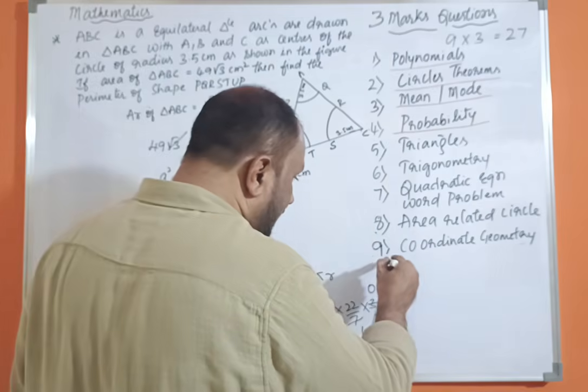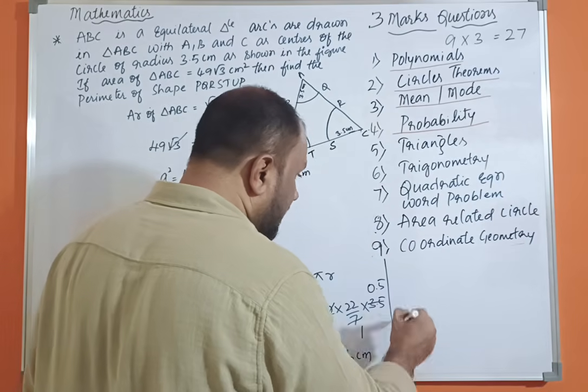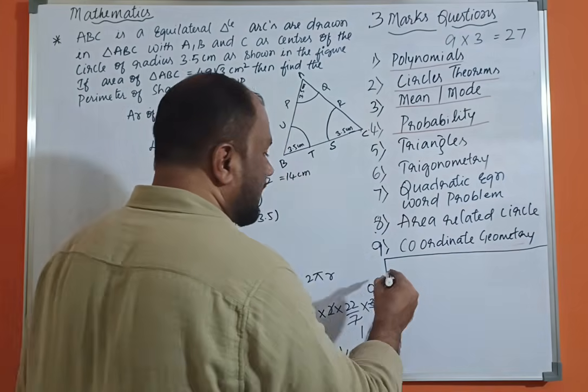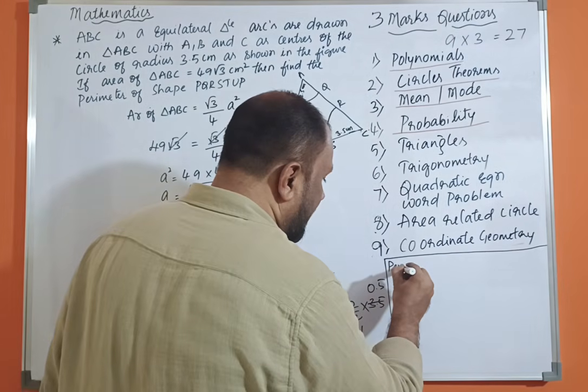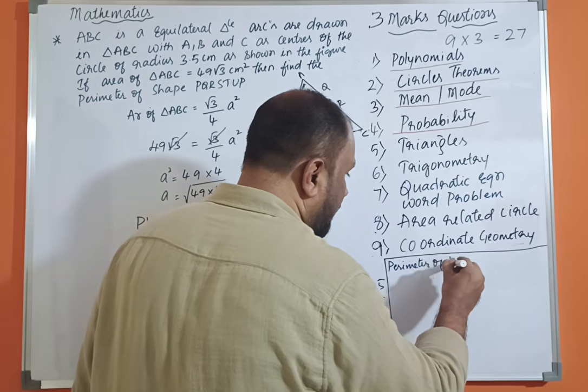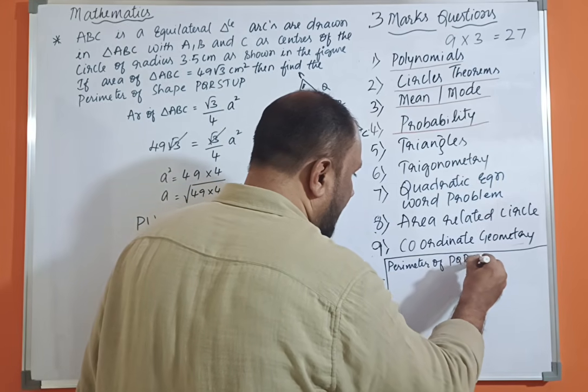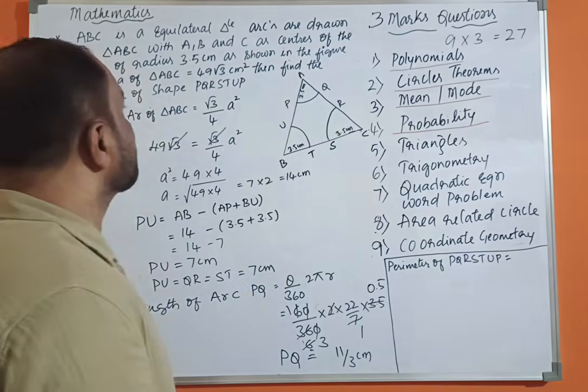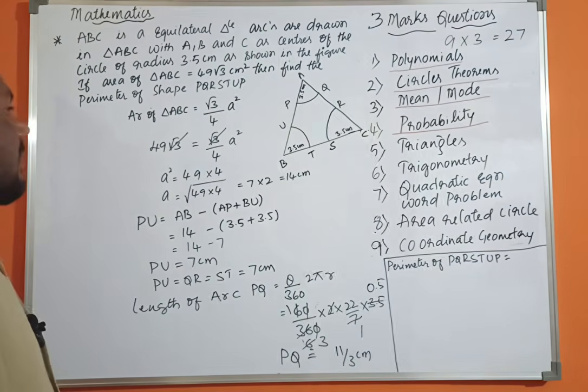What we need to find out, I'm doing here because of congested space, is the perimeter of PQRSTUP.